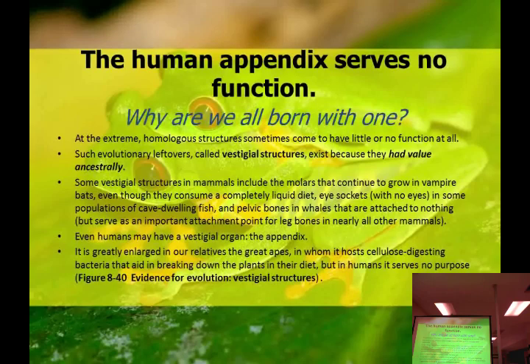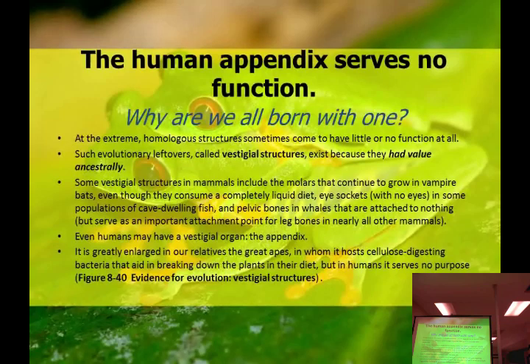So since they eat so many plants, the appendix helps in digesting all of that cellulose. And since we have gone on to cook our food, and we've been cooking our food for thousands of years, we don't use the appendix anymore.